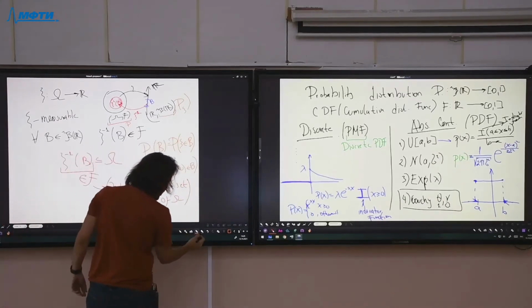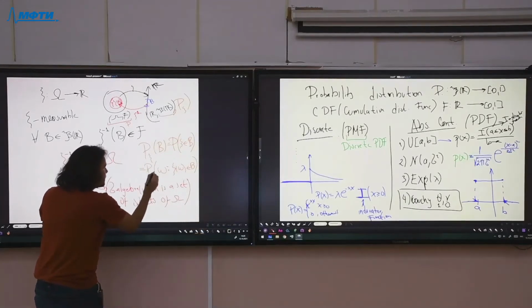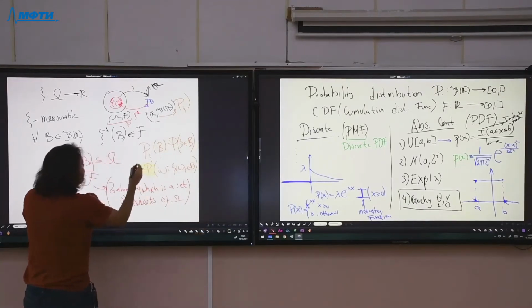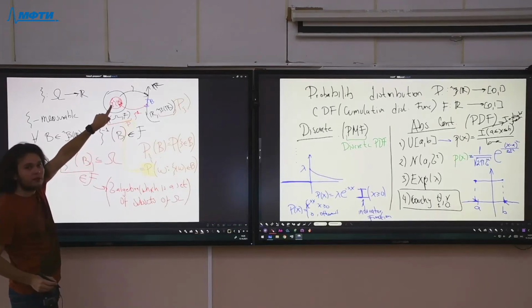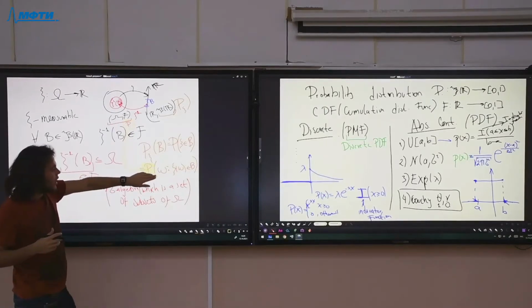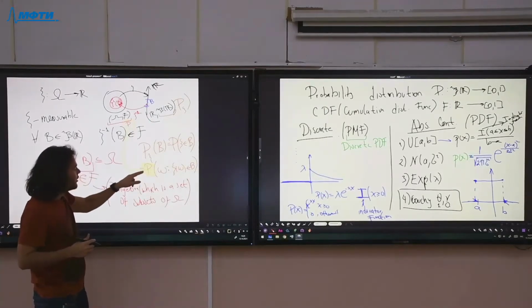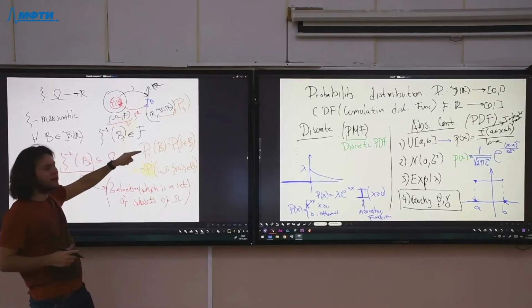So what do we have here? We have P, and this P is from here, look. This P is the probability measure on this set, right? And this P with this function psi generates a probability distribution.